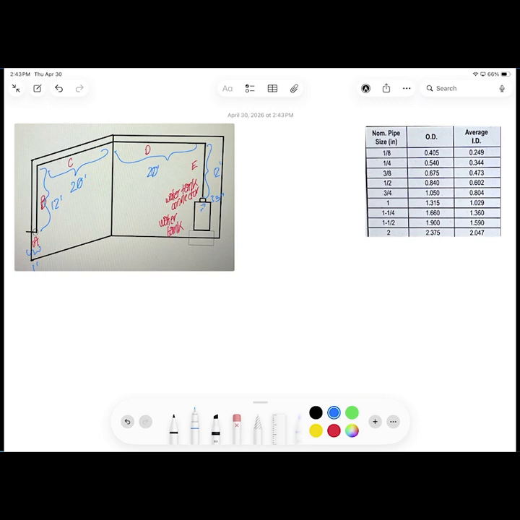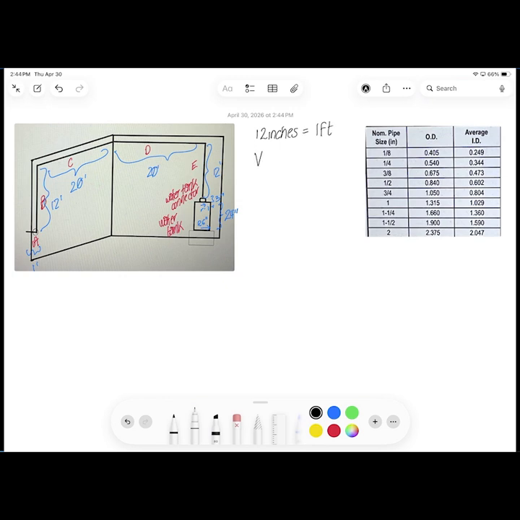The radius is 1 inch. The water tank height is 24 inches. And the water tank radius is equal to 6 inches. So we know that 12 inches equals 1 foot.